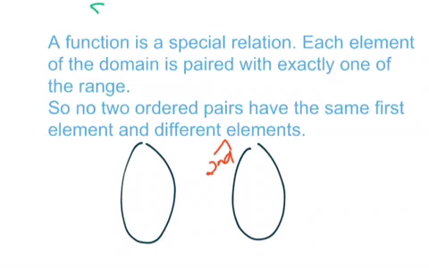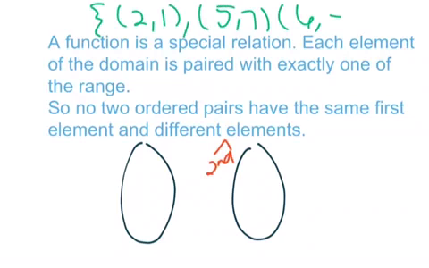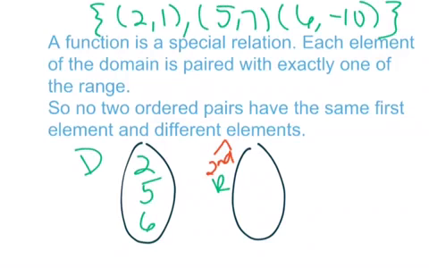Okay? So for instance, if we had a relation that had (2, 1), (5, 7), (6, -10). Put all of our domain, or X values, over here, and all of our range values over here. So we would put 2, 5, and 6. Then we would put our range over here. Domain and range are X and Y values.